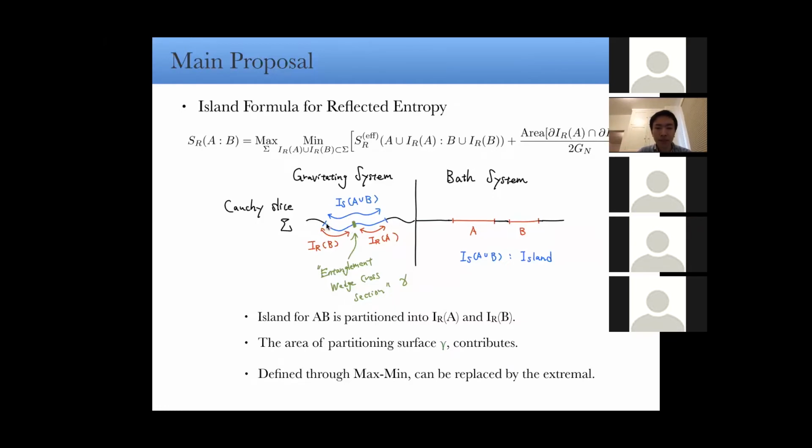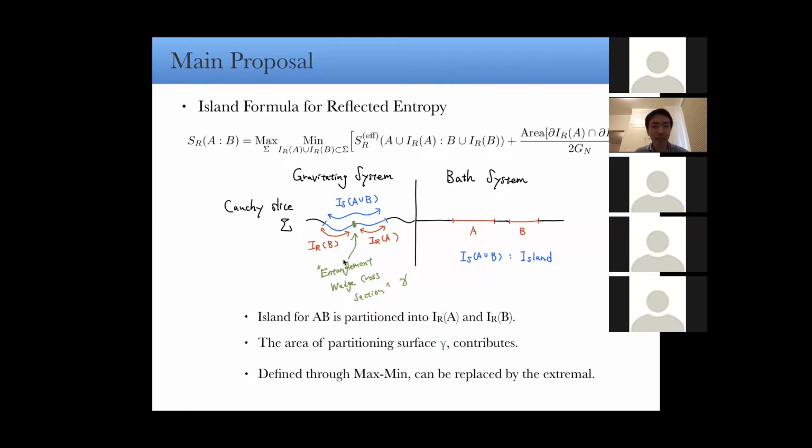So actually this picture is not very honest. In principle, I have to consider the causal domain of dependence to compare these regions, but it's hard to draw, so I just omitted it. You could just think that it's a time independent setup.